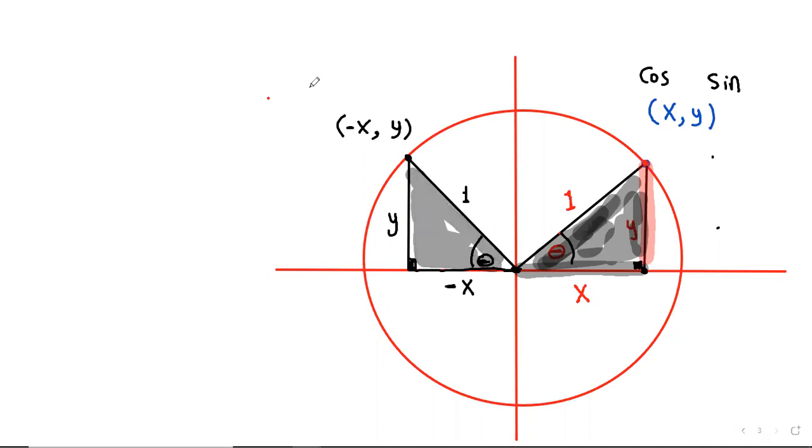So cosine theta here is the same as cosine theta here, but the difference between them is the sign. And sine theta here is the same as sine theta here. If we ignored the positive and the negative, you will find that sine, cosine and tan are the same for both of them.